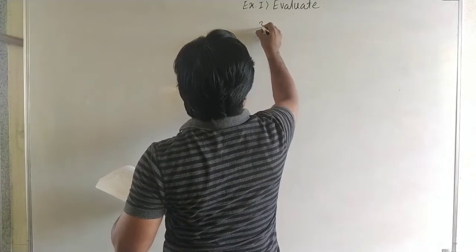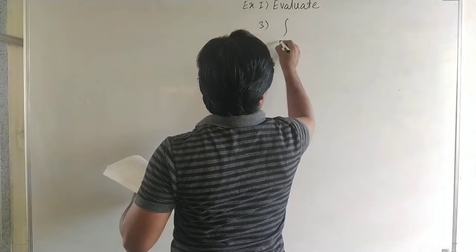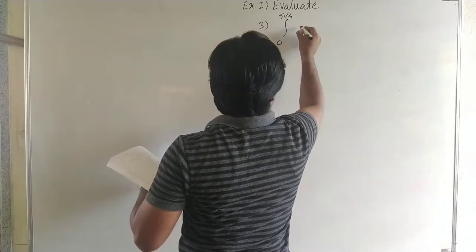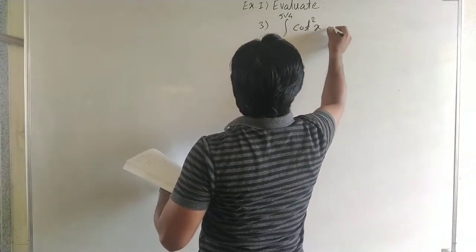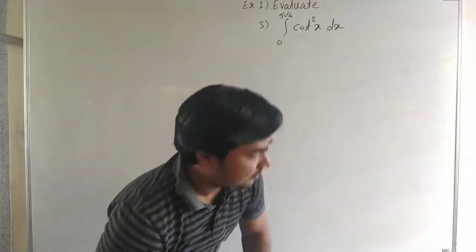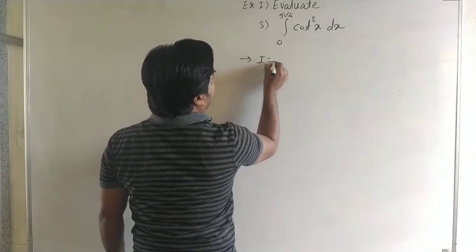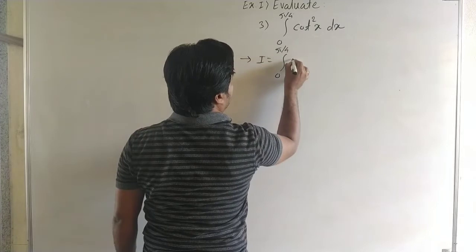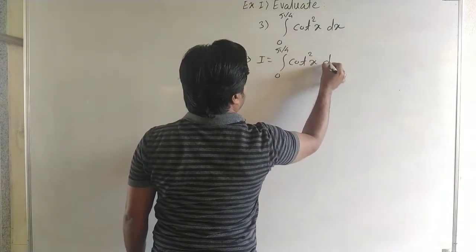Example number 3. Integral of 0 to pi by 4 of cot square x dx. Now here the integral is equal to 0 to pi by 4 of cot square x dx.